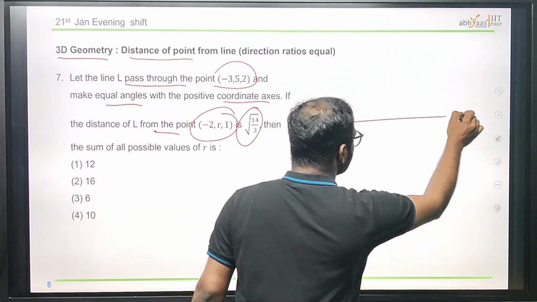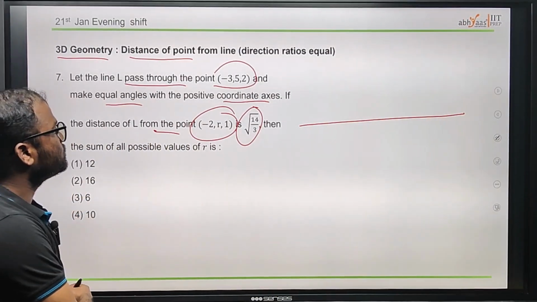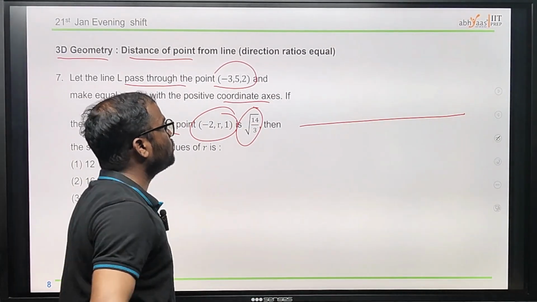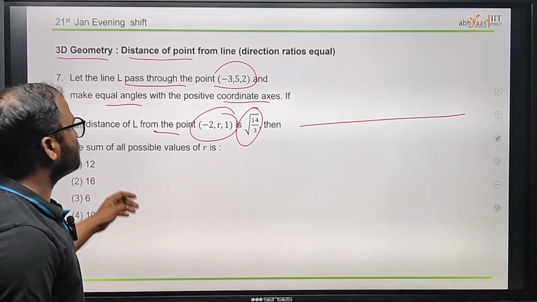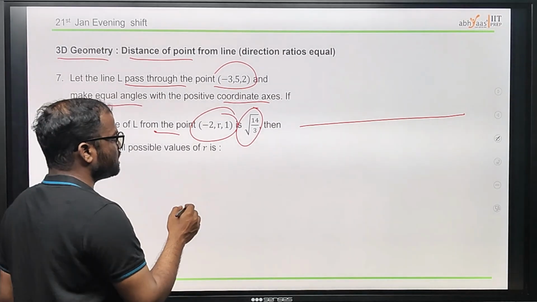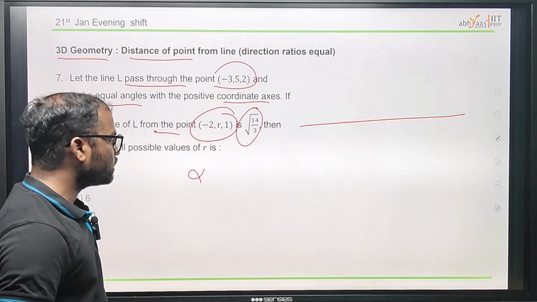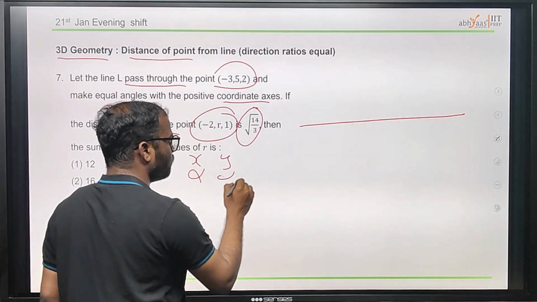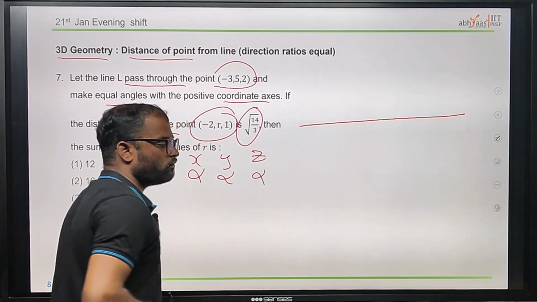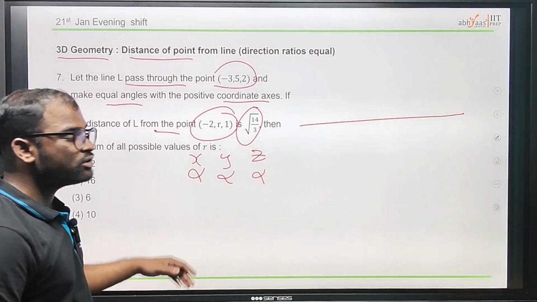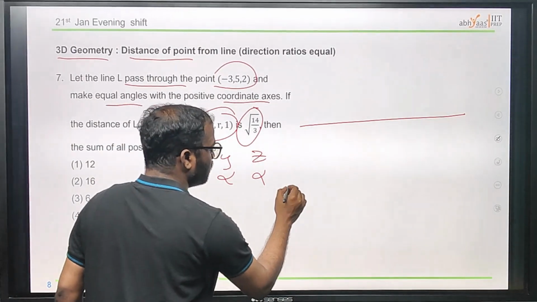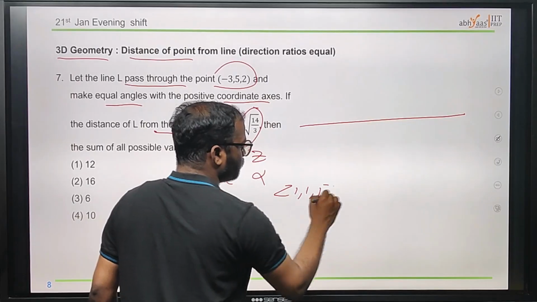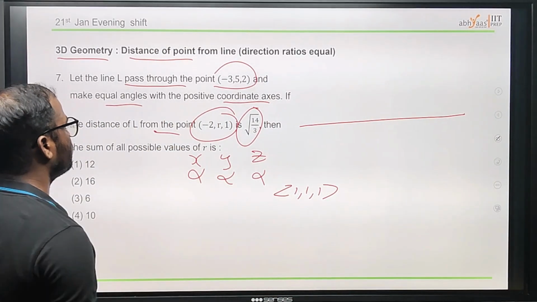We have a line here which passes through (-3, 5, 2) and makes equal angles. Saying equal angles means suppose we have alpha here. That means for the x value we have alpha, for y also alpha, and for z also alpha. So the direction ratios of this line will be 1, 1, 1.